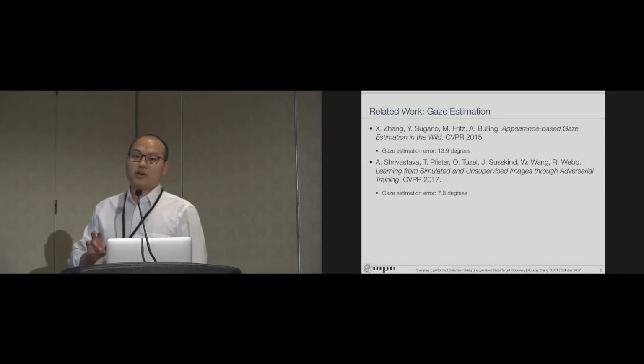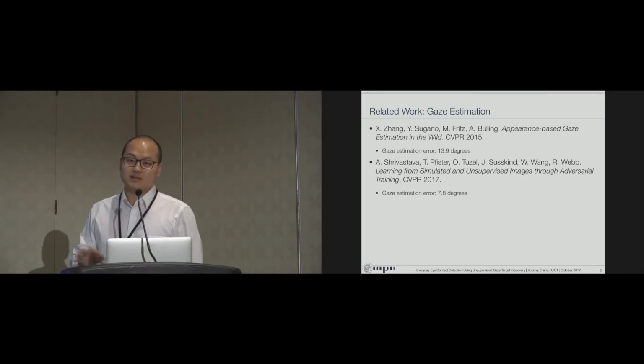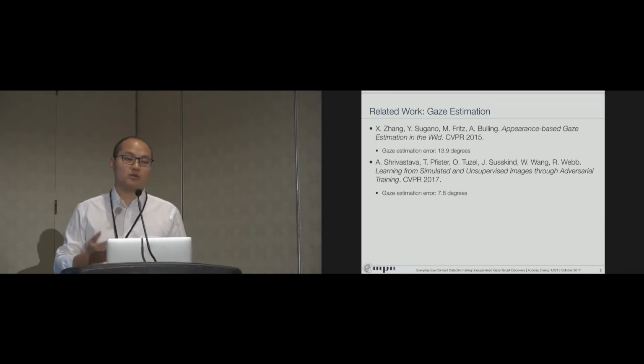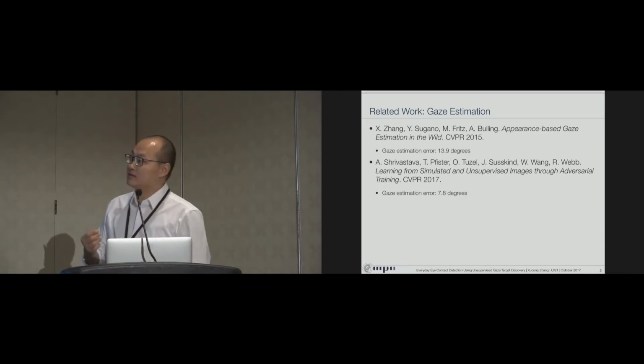Basically, we train the model on laboratory setting data, and then we test it on real-world data, so that this model really can be used for real-world applications. But the accuracy is about 14 degrees.